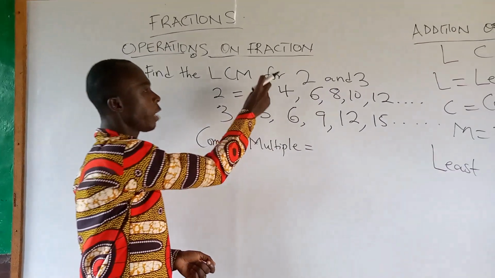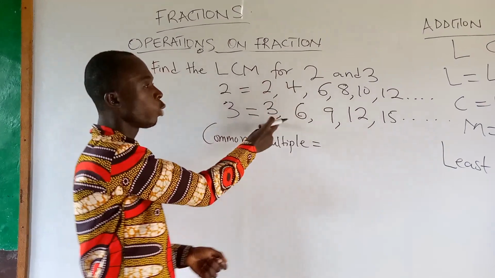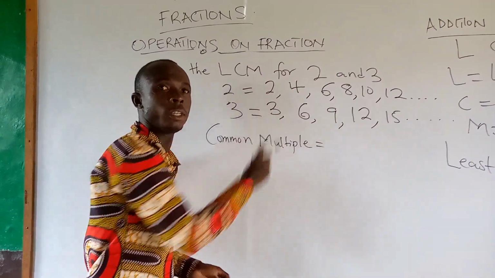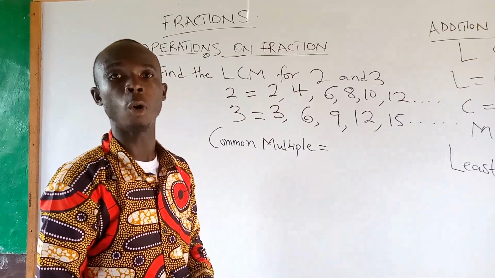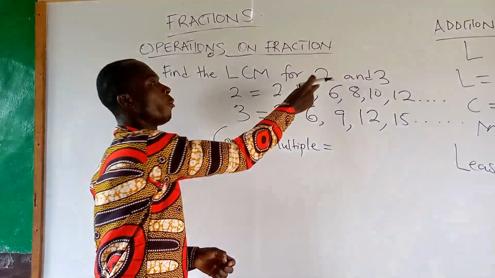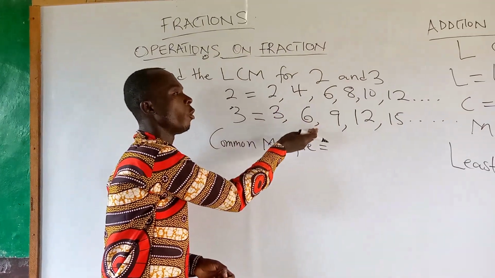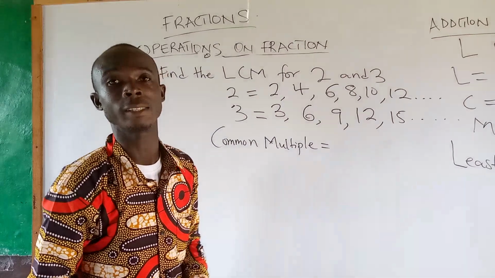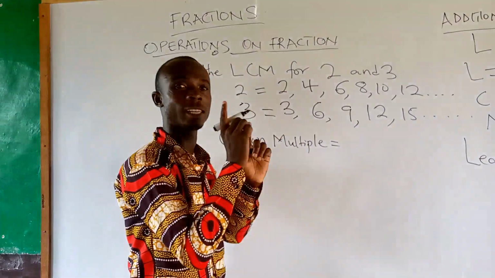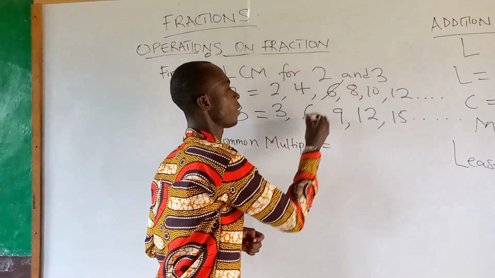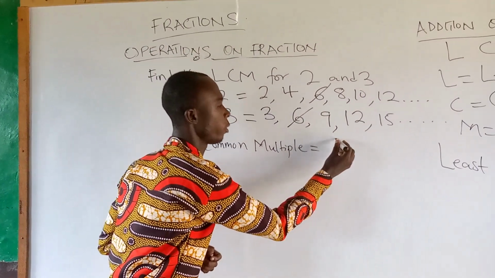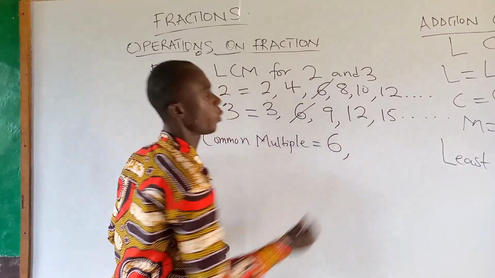You see that we have 2 here, but 2 can't be found here. So it is not a common multiple. We have 4 here, but there is no 4 here. They are not what? Common. But let's take 6. 6 is here, 6 is here. So the first common multiple is what? 6.